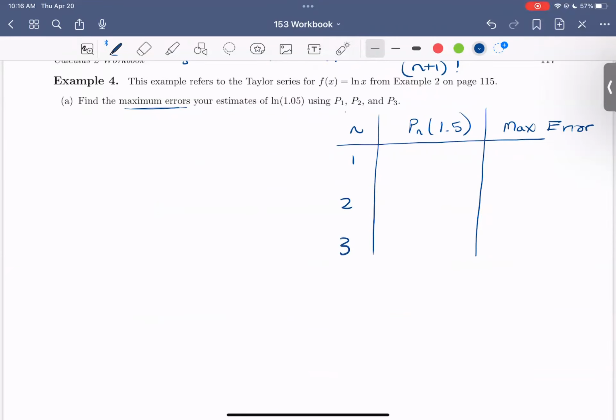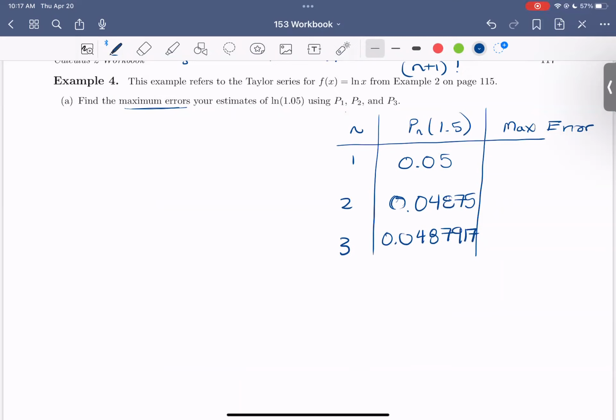We saw that P1 of 1.05 was 0.05. I'm just copying from that example, so feel free to go back and look at your own work. And then for P3 of 1.05, we got 0.0487917.